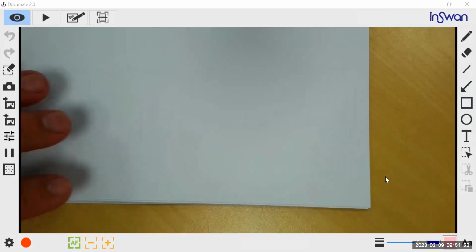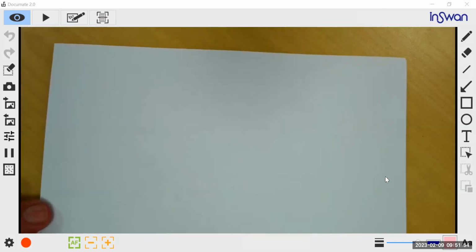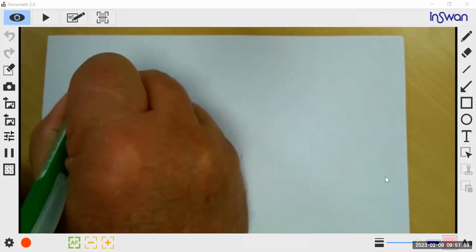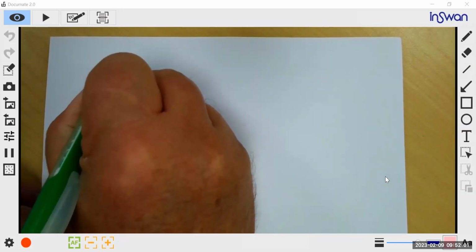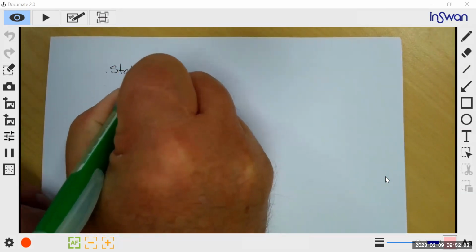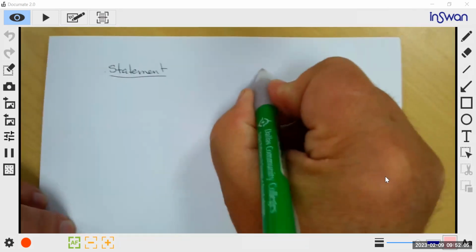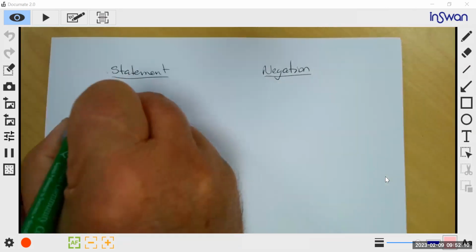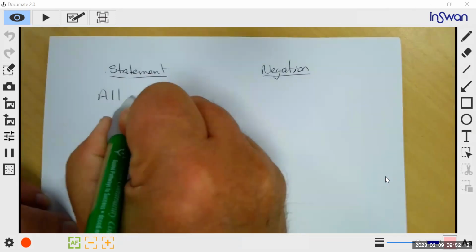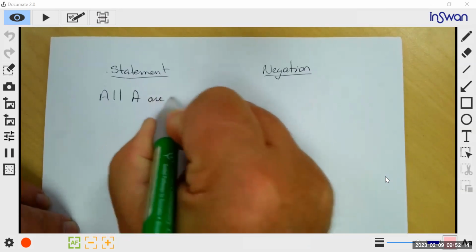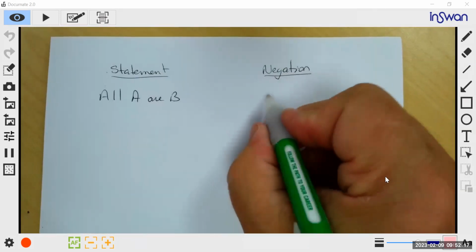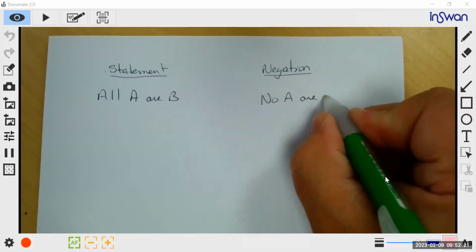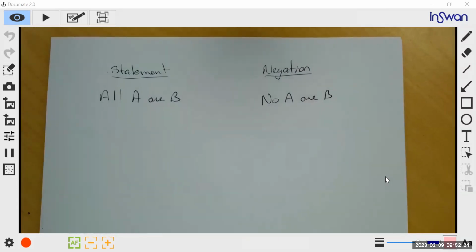So let me put it in a way that makes it easier to memorize. Statement, negation. All A are B, and the opposite of that is no A are B. This is not the negation, it's just the opposite.